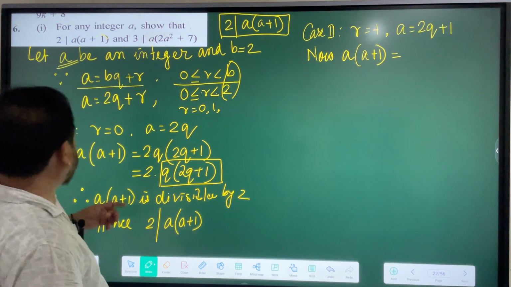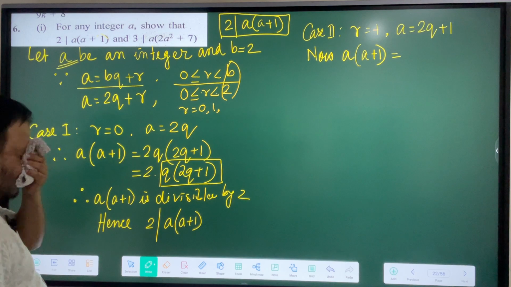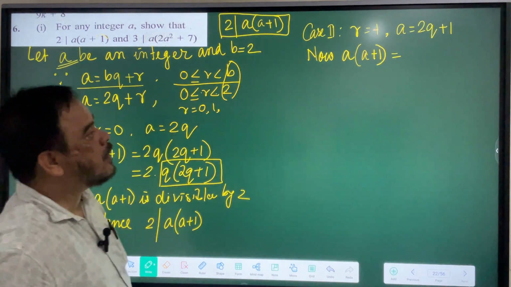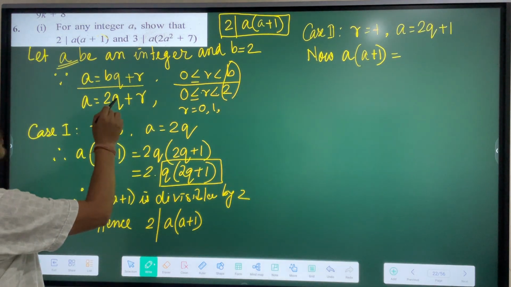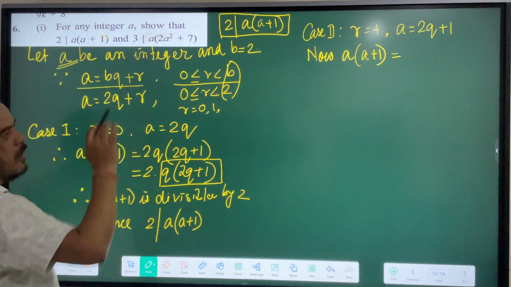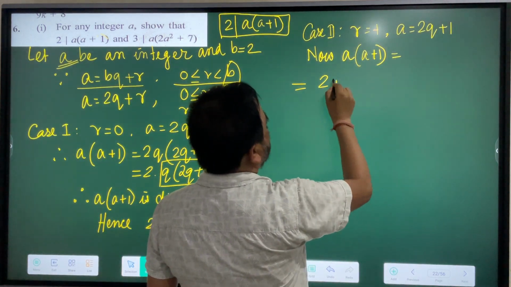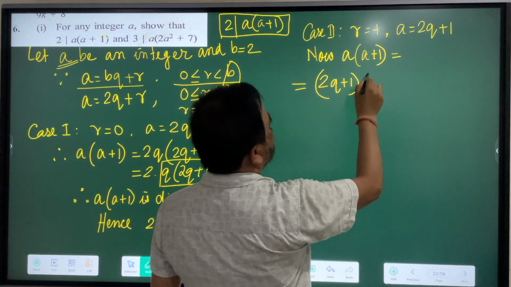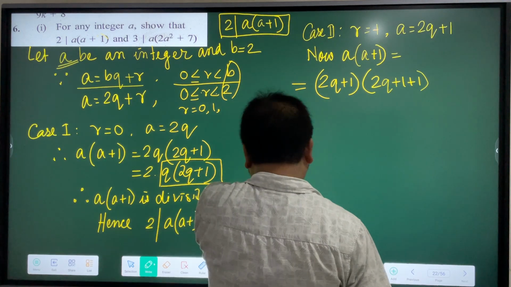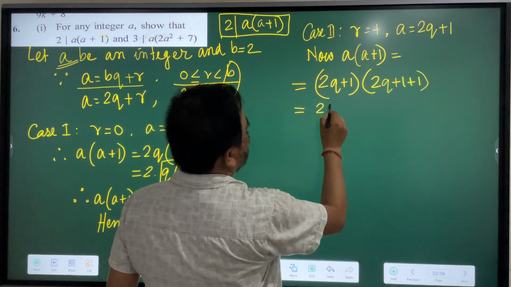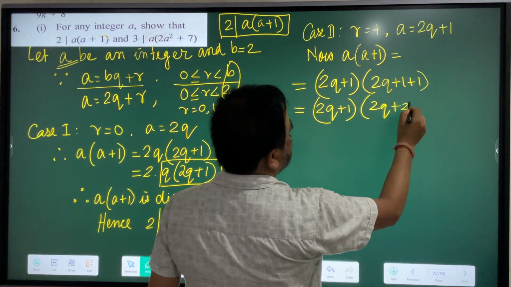So here what have we done? R equals 0 we have taken. Now R equals 1 we will take. If R equals 1, then a equals 2q plus 1. So you do the calculation: a means 2q plus 1, again 2q plus 1 plus 1, that is 2q plus 2.